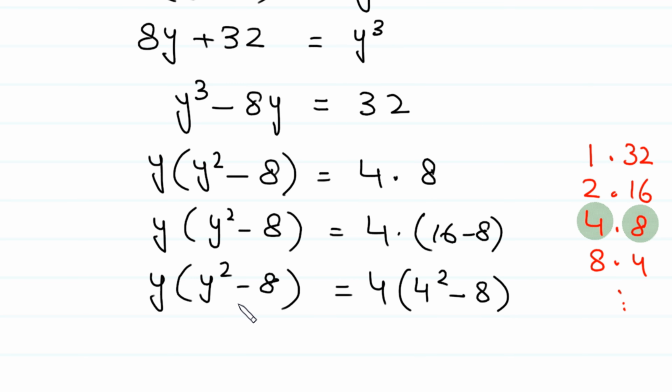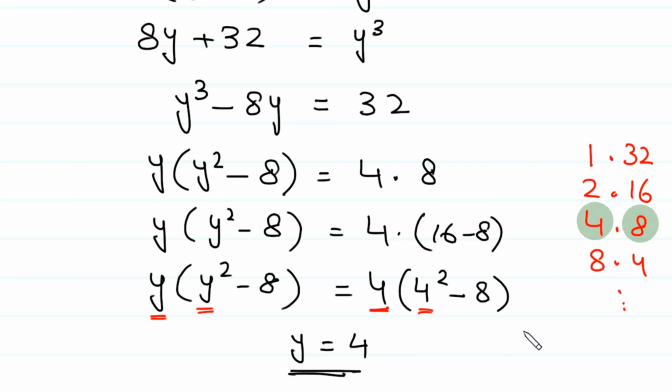Now if we compare left side with right side, we can see that at left side y times y square minus 8, and at right side 4 times 4 square minus 8. So it is obvious that y is equal to 4.